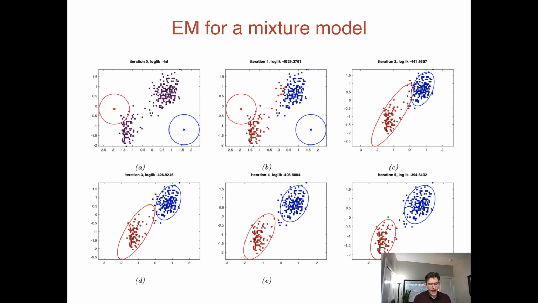Then at each iteration of EM, they're going to evolve and end up as these respective Gaussian distributions over these two clusters. By the way, this probably looks very familiar if we've seen k-means clustering, for example.